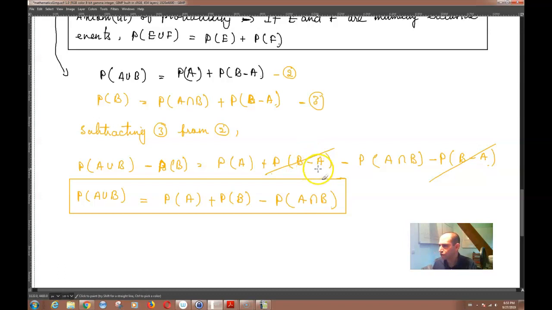Of course, the above result can further be verified by observing the Venn diagram in this figure.